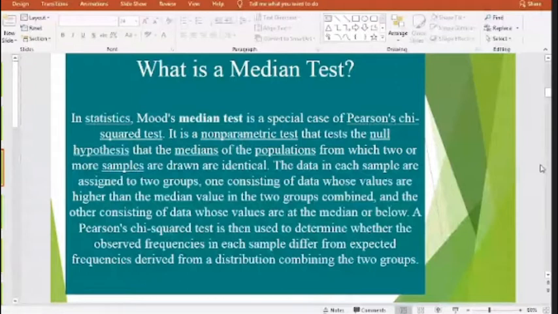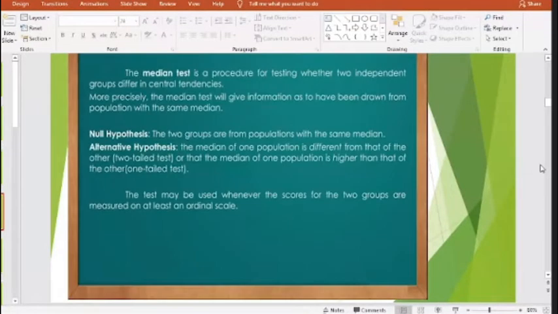So the median test is a procedure for testing whether two independent groups differ in central tendencies. More precisely, the median test will give information as to whether the groups have been drawn from populations with the same median. Null hypothesis: the two groups are from populations with the same median.